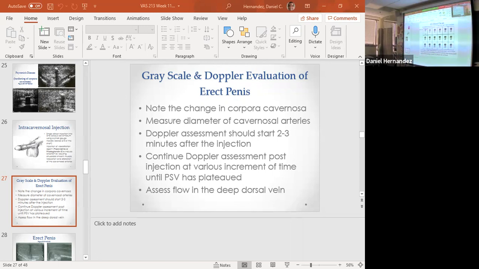Here is an example showing a GI bleed scan. And then this is a PET scan, a positron emission tomography.